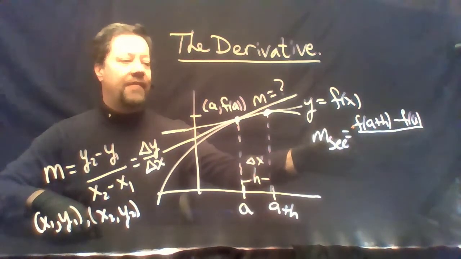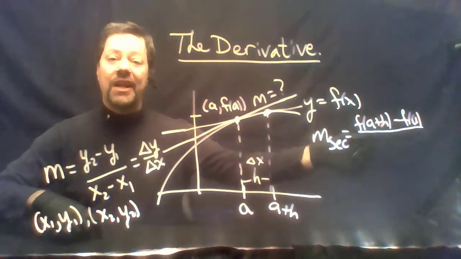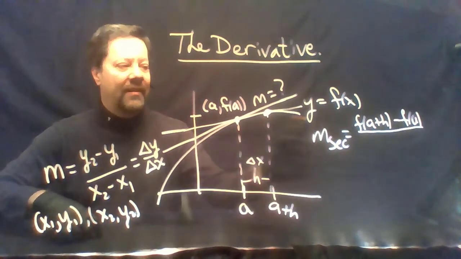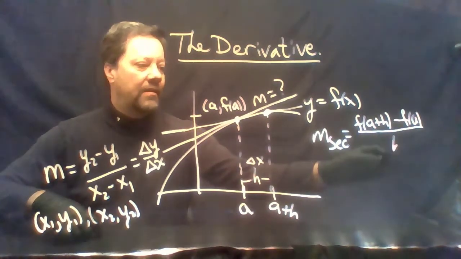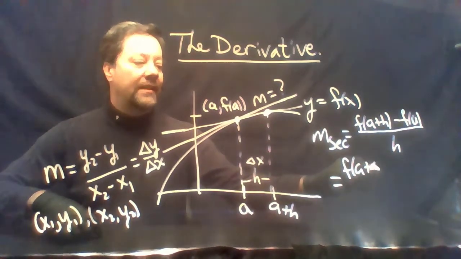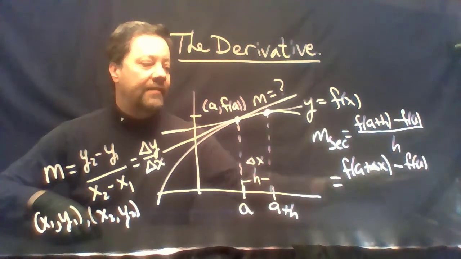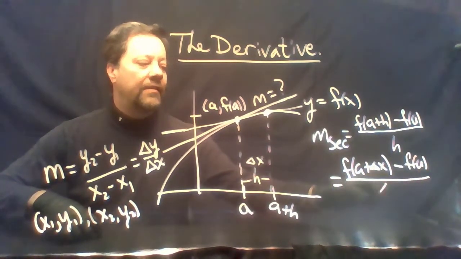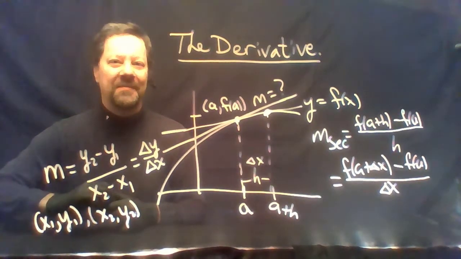And so we'll have f of a plus h minus f of a as the change in the y values. The change in the x values is either h or delta x. So another way of writing the same thing is f of a plus delta x minus f of a all over delta x. We'll see both of these.